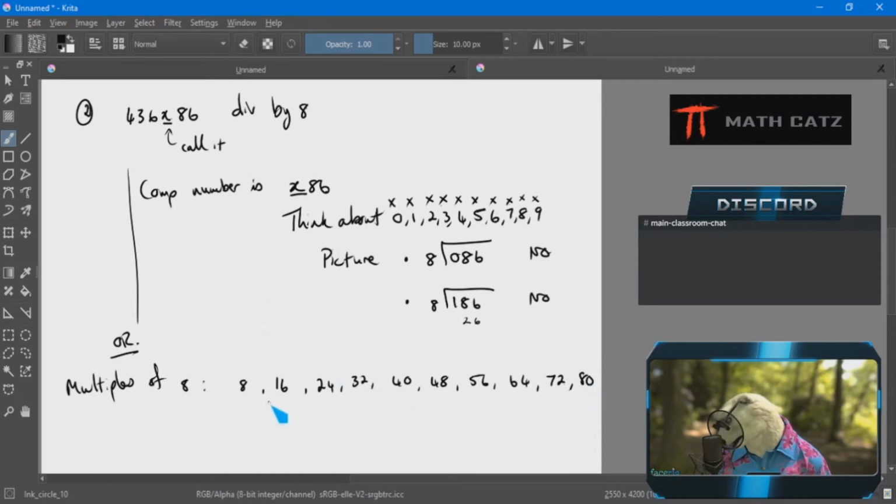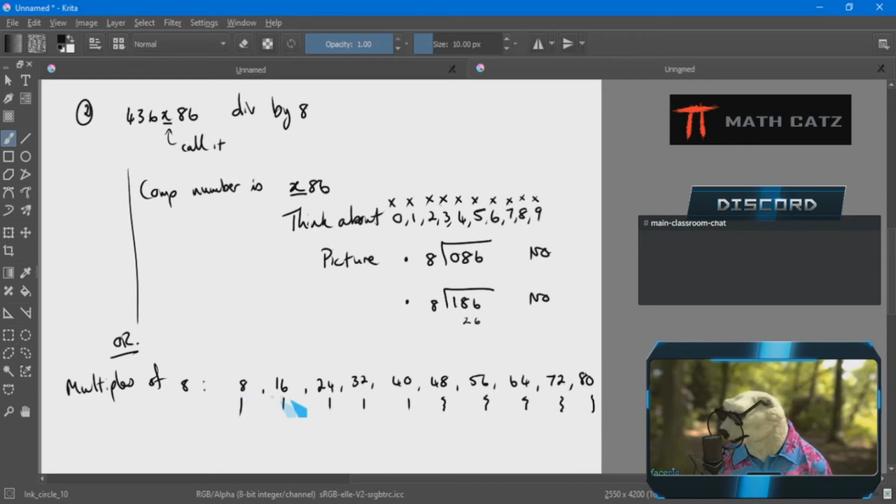Now look at the pattern here, because there is one. The ones digit. 8, 6, 4, 2, 0. 8, 6, 4, 2, 0. And the next one's going to be 88.